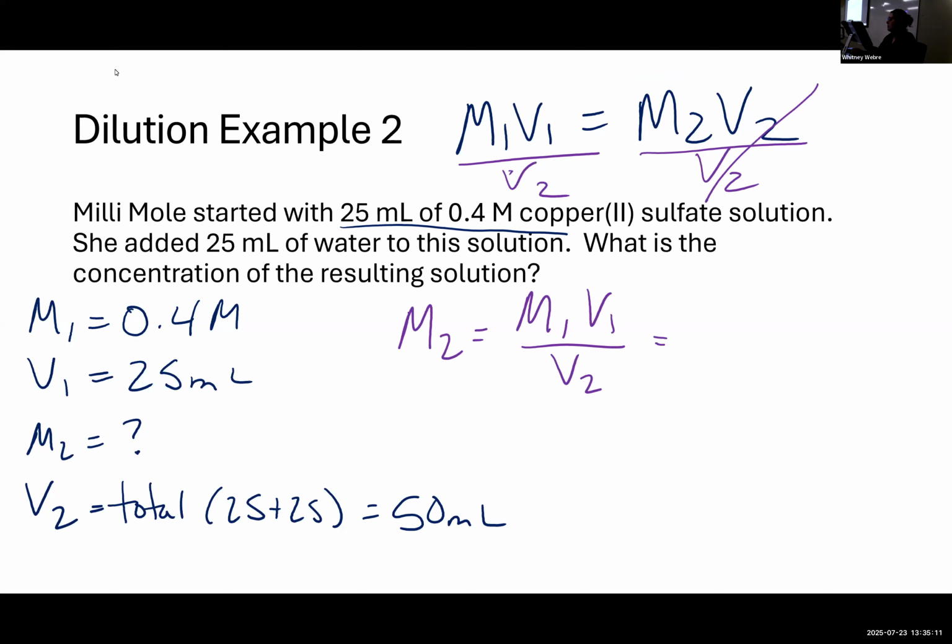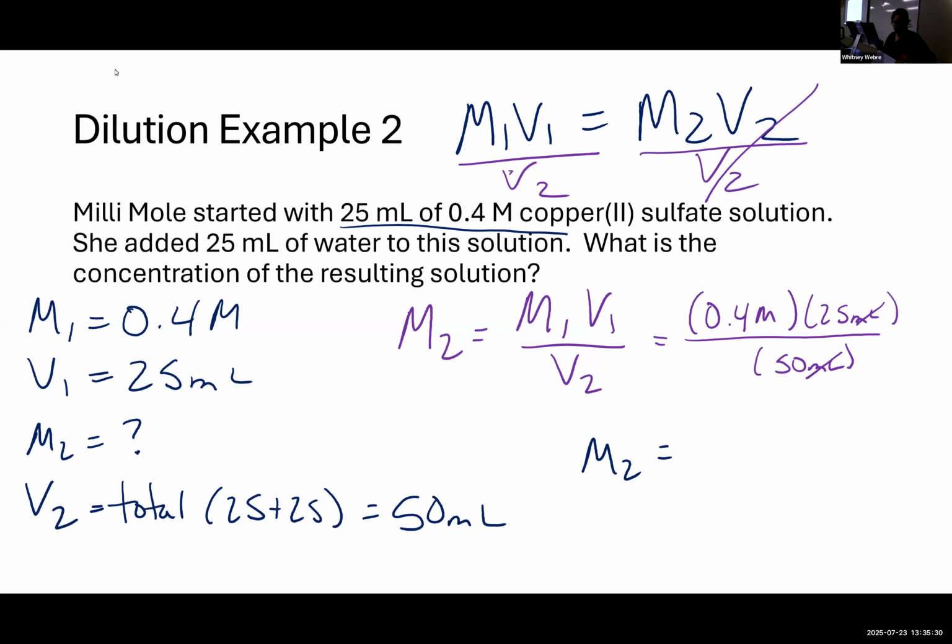So last with the solve, so I'll put all the numbers in. And so M2 will equal, I think, 0.2. Sorry, I can look at it and know it's 0.2 because it looks like it's 0.4 times a half. But I always type in my calculator just in case.